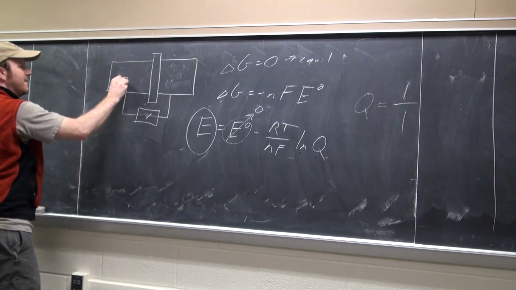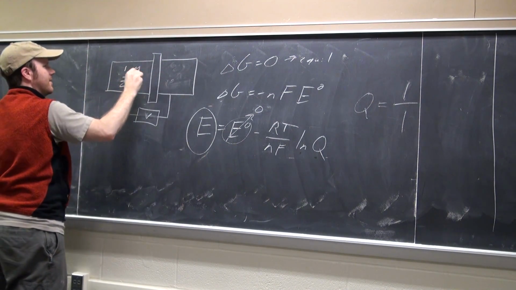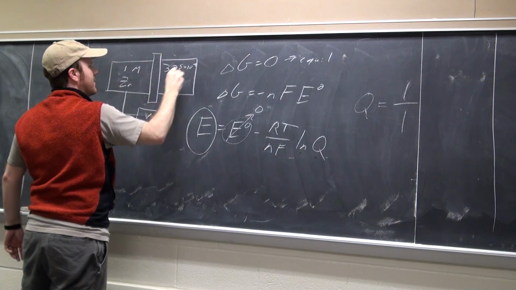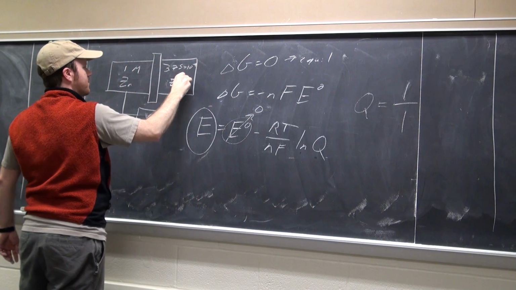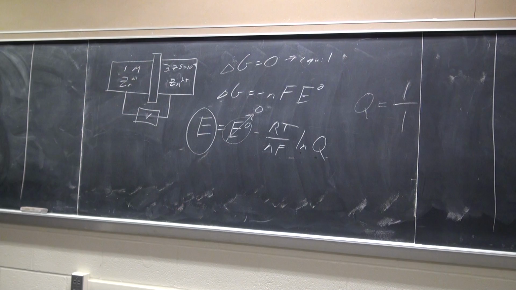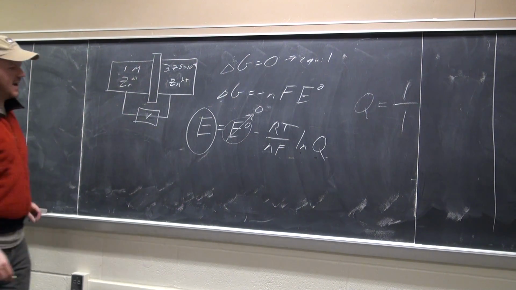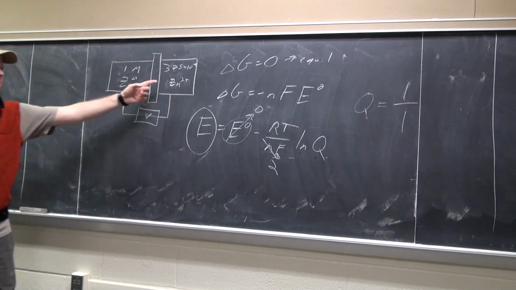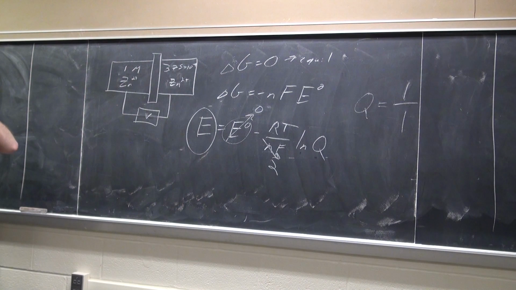And it's 1 and 3.75 times 10 to the negative 4. Zinc 2 plus? Yes. Okay. What's n in this case? If you had to guess. n is 2, because we have 2 electrons that are going to reduce our zinc to zinc metal.